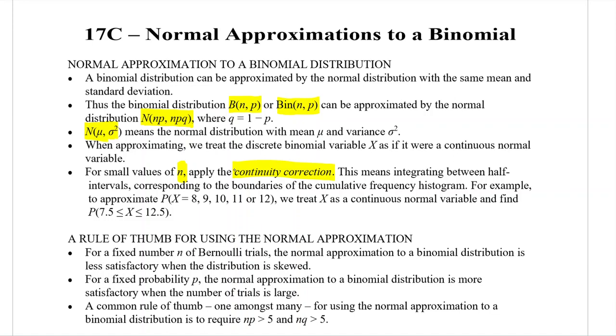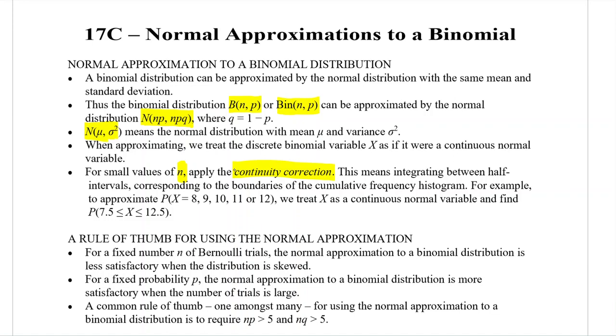Large quantities would be things in the thousands, where you may not need the continuity correction, but we'll see that in one of the examples that we're going to do. So hopefully the question will indicate, if it's a bit vague, whether you should use the continuity correction or not. So this means that you're going to be finding half the interval corresponding to the boundaries of the cumulative frequency histogram.